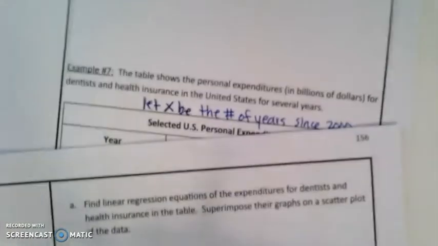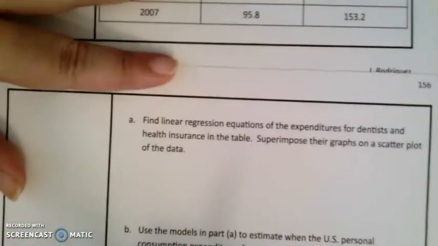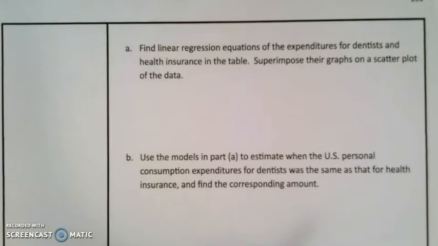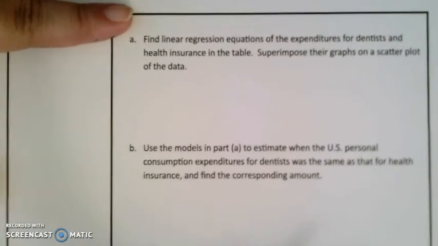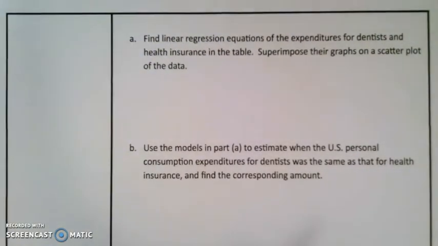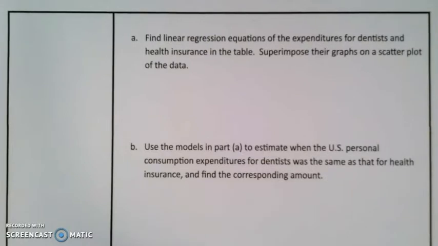Let's do this. I can't show the table and the questions at the same time, so I'll just show the questions and also have your table so that you can refer to it. So find the linear regression equations for the expenditures for dentist and health insurance in the table.